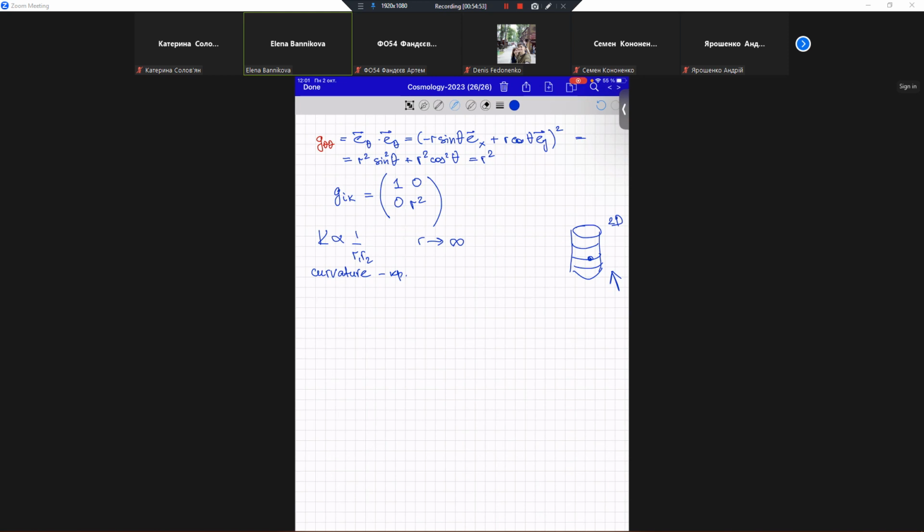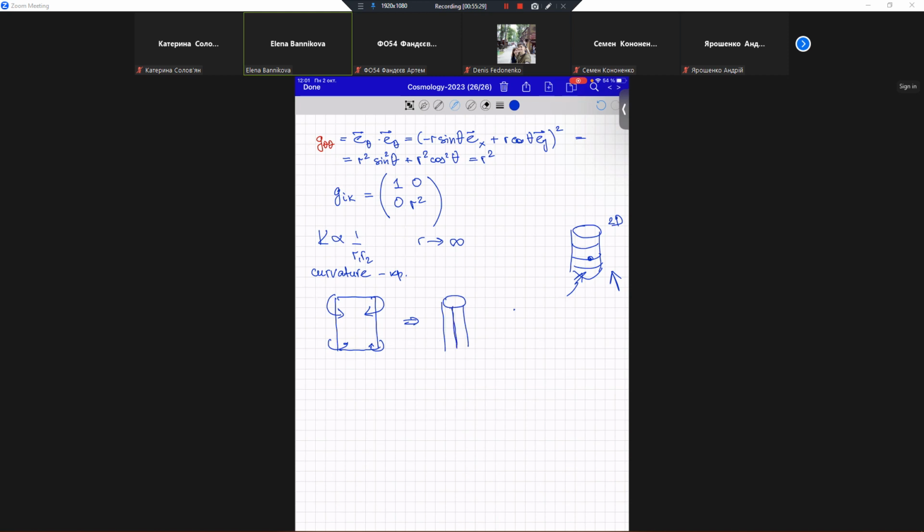The second, a much simpler representation just by hands, shows that this surface is not curved. How can you make a cylinder? You take paper, and you hold it in such a way that finally you obtain the cylinder.